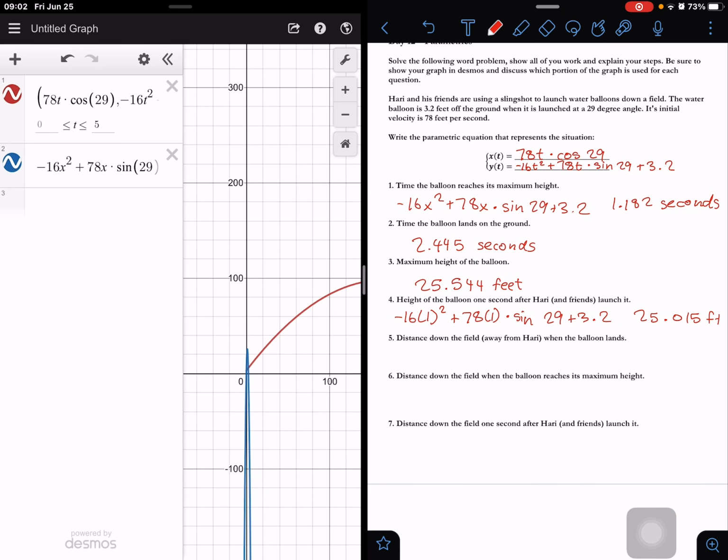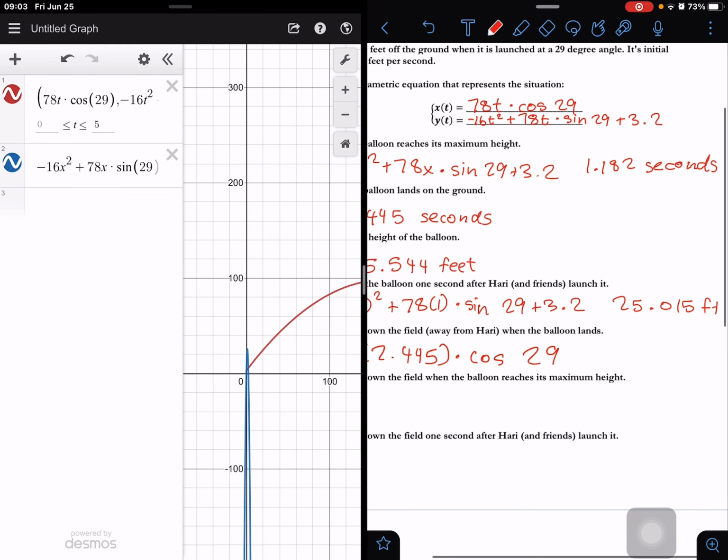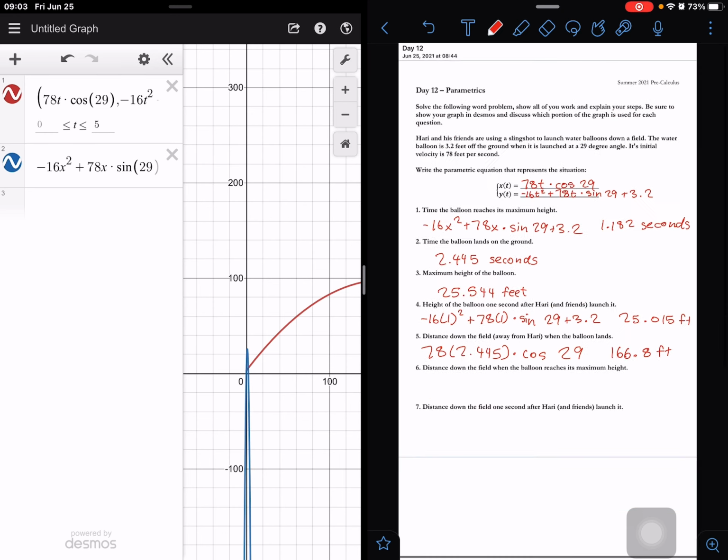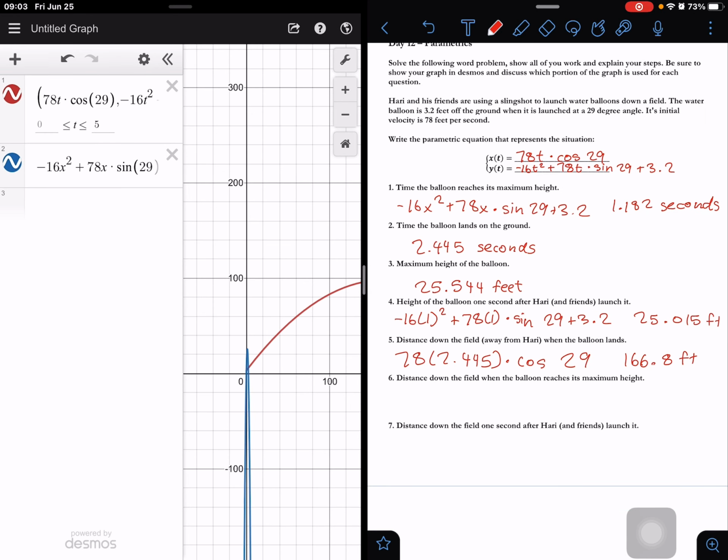So we just plug that into the x equation. That would be 78 times 2.445 times cosine of 29, which is roughly 166.8 feet.